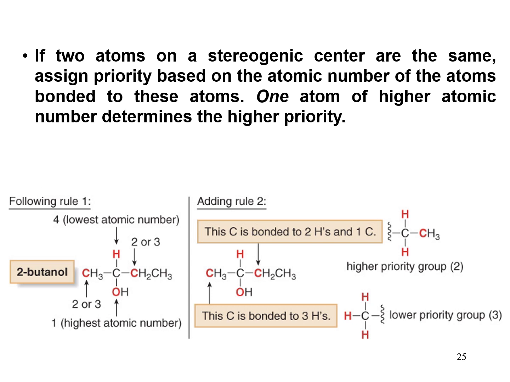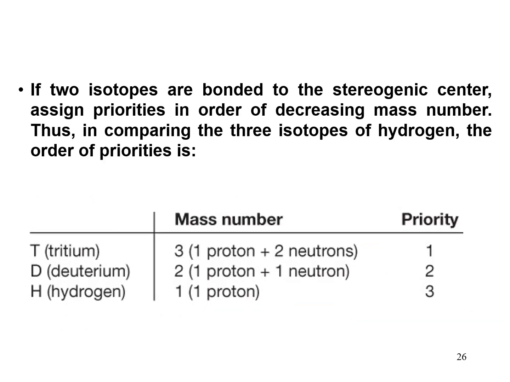Therefore, the rotation seems like this, but you have to first exchange the two groups, so as to rotate the plane polarized light toward this direction, which is known as S, or sinister. If two isotopes are bound to the stereogenic center, assign priority in order of decreasing mass number.